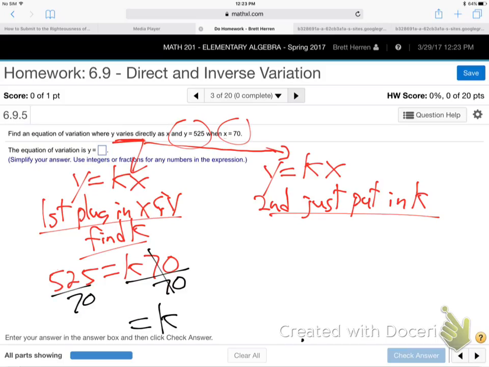Oh, yeah, no, that's not nice, is it? You're going to have to reduce that thing. What, divide by 5 top and bottom? 105 over 14. Does that reduce further?